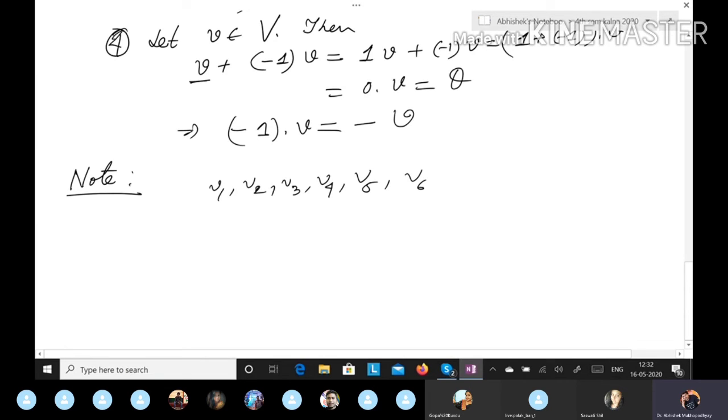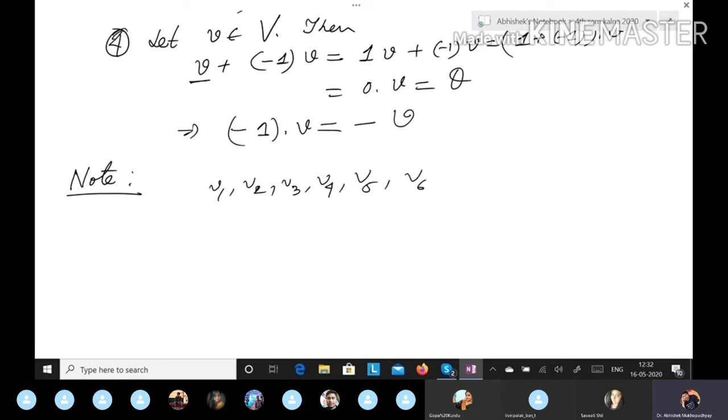Then their sum will be independent of the way in which these vectors are combined and associated.